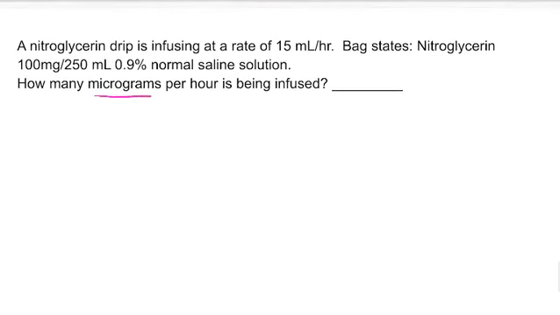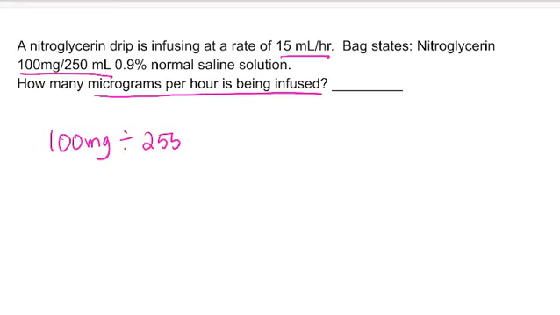How many micrograms per hour is being infused? Okay, what do we got here? We have a nitro drip infusing at 15 milliliters per hour. Bag states nitro 100 milligrams in 250 milliliters. So I'm going to reduce my concentration. I'm going to take my 100 milligrams divided by 250 milliliters, and that's going to be 0.4 milligrams per milliliter.